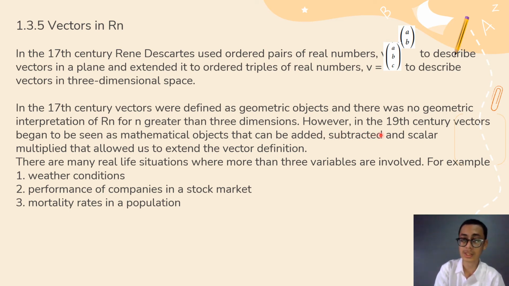However, in the 19th century, vectors began to be seen as mathematical objects that can be added, subtracted, and scalar multiplied, which allowed us to extend the vector definition. There are many real-life situations where more than 3 variables are involved, for example, weather conditions, performance of companies in a stock market, and mortality rates in a population.